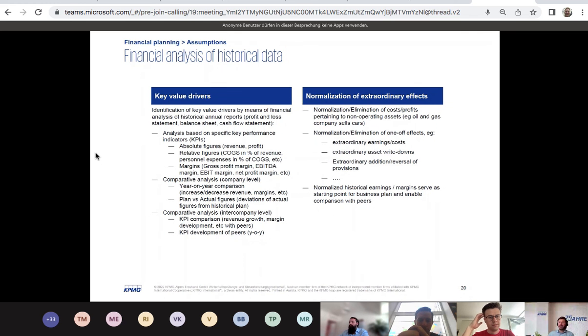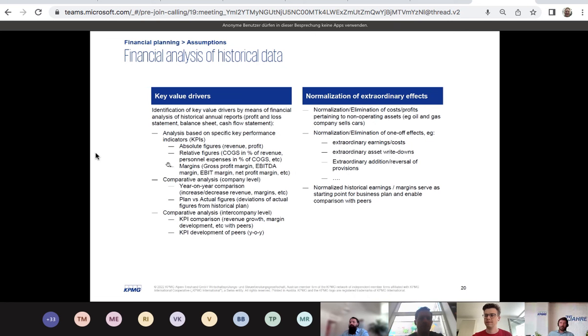You could look at these key value drivers on an absolute basis, like absolute figures, revenues, profit. You could look at margins or relative figures, and do all kinds of analysis based on these KPIs, these key performance indicators.